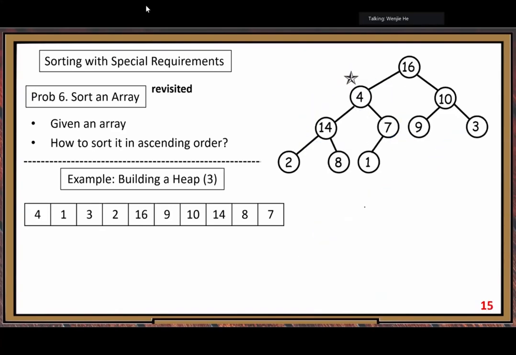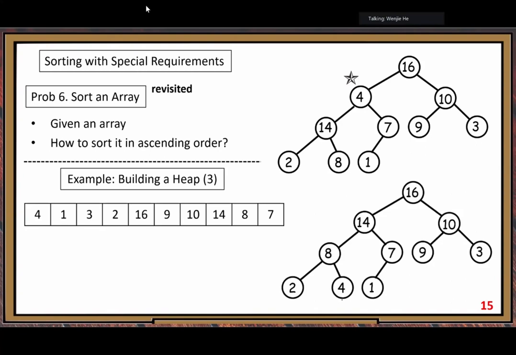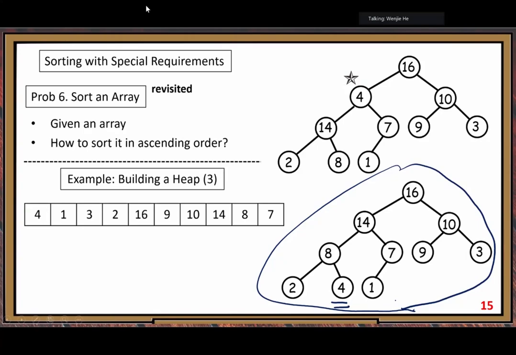So you still need to move down, right? 4, at the end, that node is located at a leaf level. After processing all the local triangles, you get a complete max heap object.